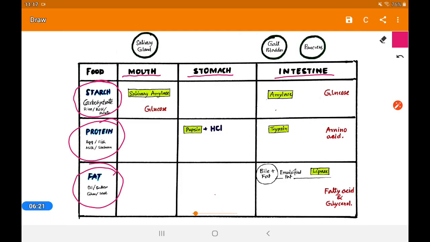Now starch is a very big molecule, a polysaccharide, so it is not assimilated inside our body as it is. Digestion is required to make it simple.